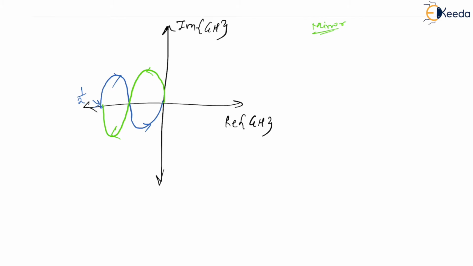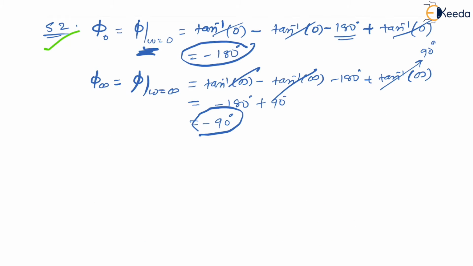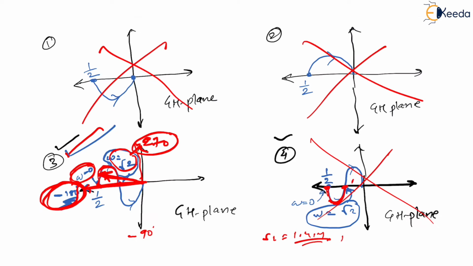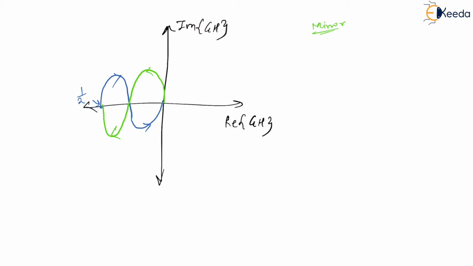If you check out the transfer function, here you have no poles or zeros at origin, which means semicircles no need, right? So this is the Nyquist plot in totality. This is the second step, this was the first step, right?